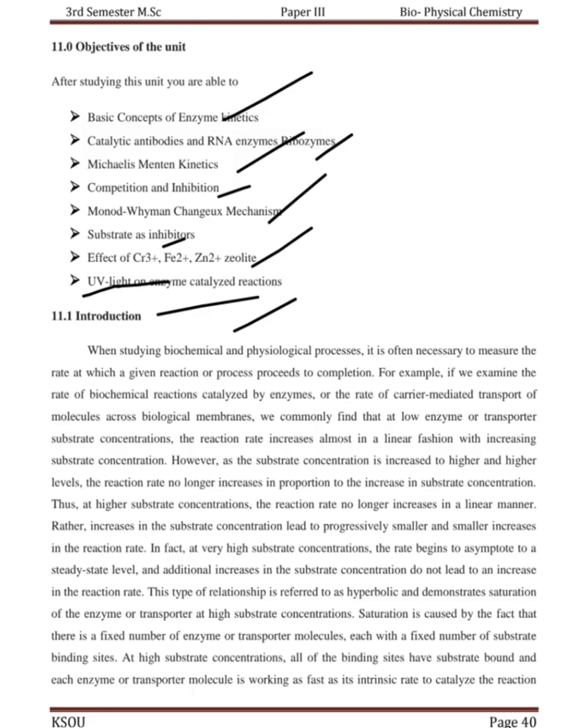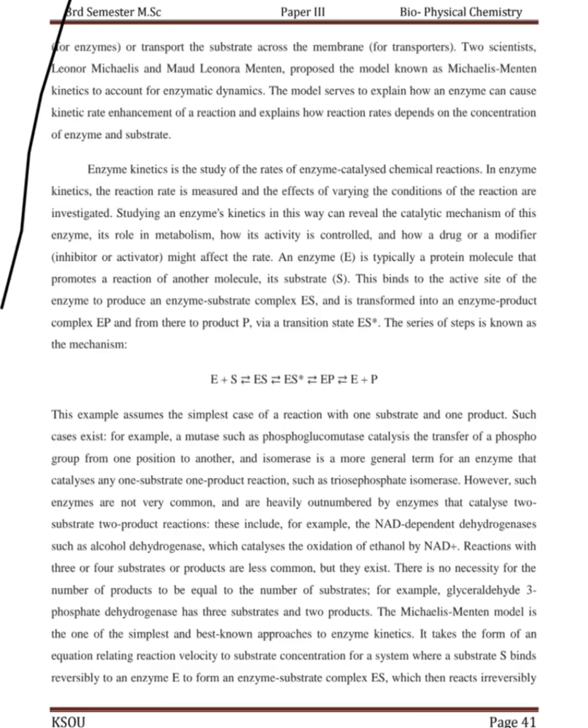So these are the introductions. Go through this. Here, enzyme kinetics is the study of the rate of enzyme catalyzed chemical reactions. What are enzymes? Enzymes are nothing but proteins that help us speed up metabolism.